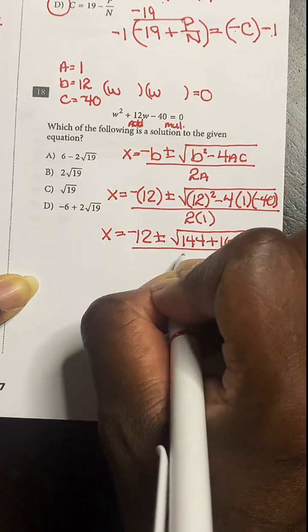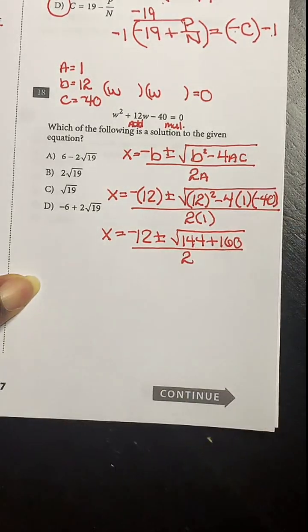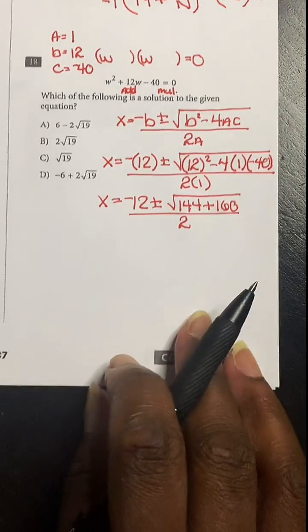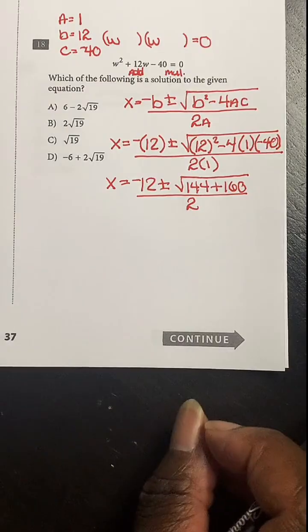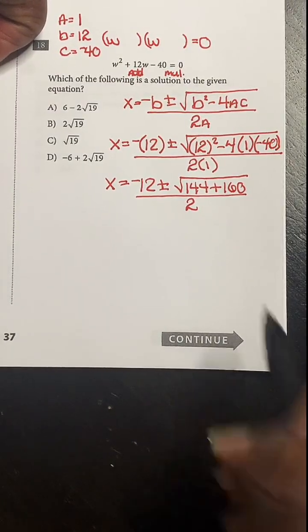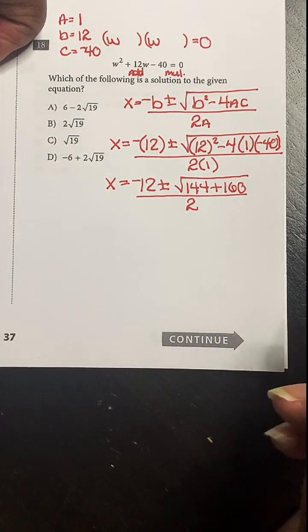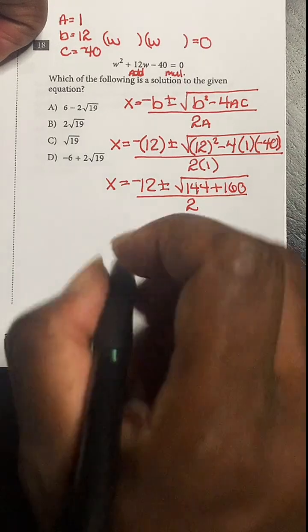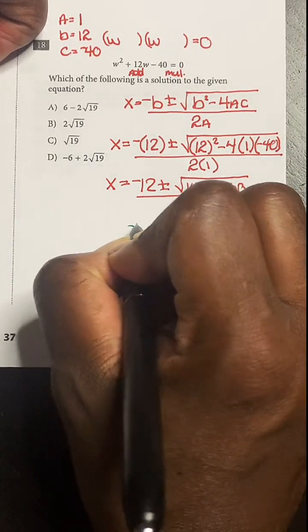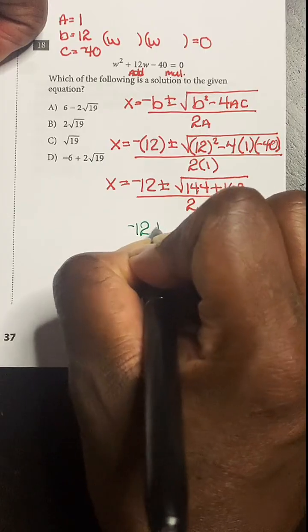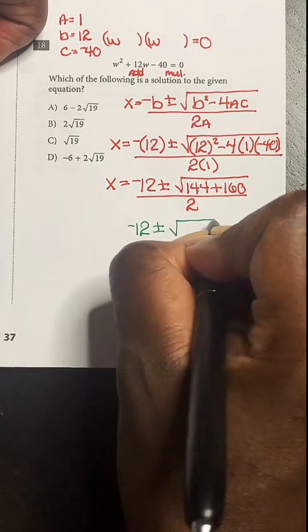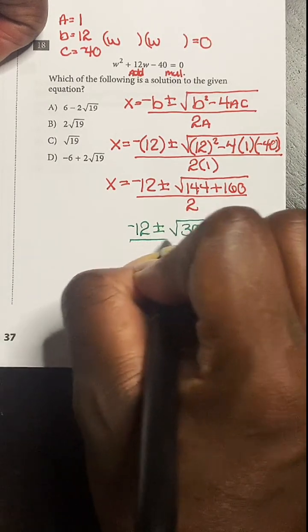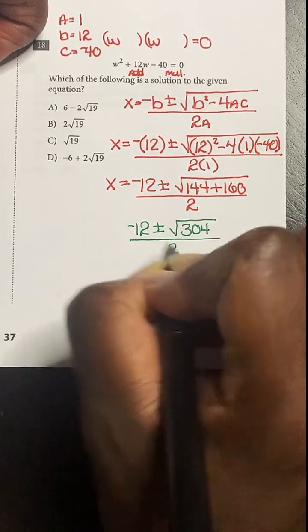All over 2. All right, so 144 plus 160, that gives me 304. So we got negative 12 plus or minus square root of 304 divided by 2.